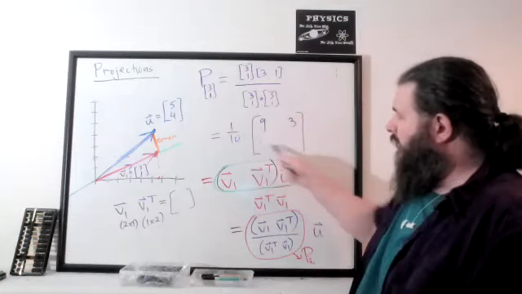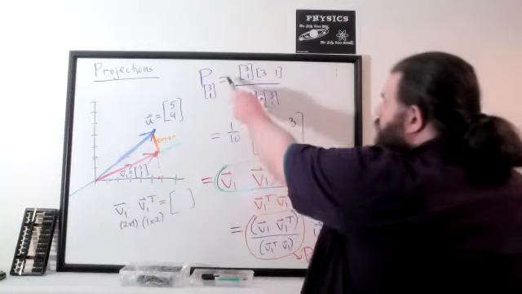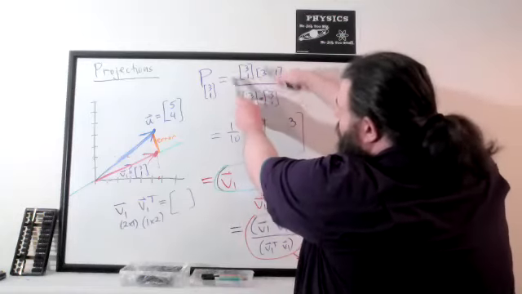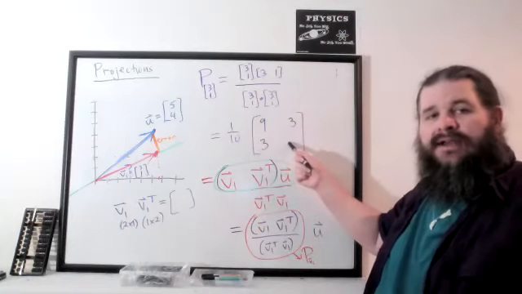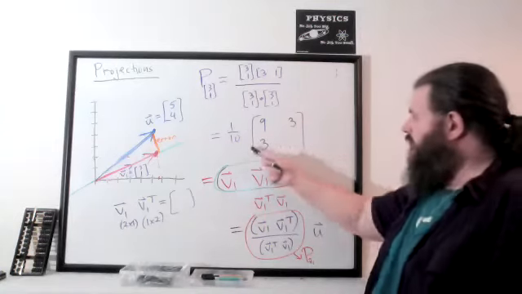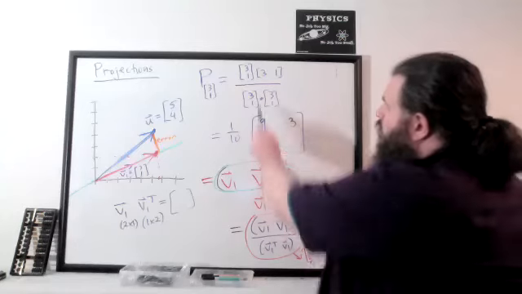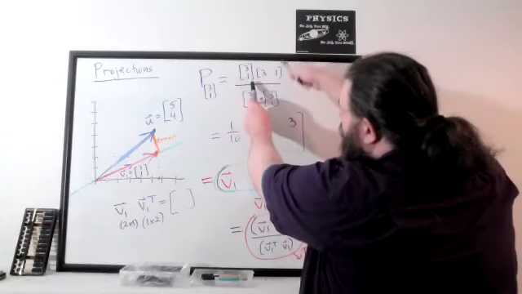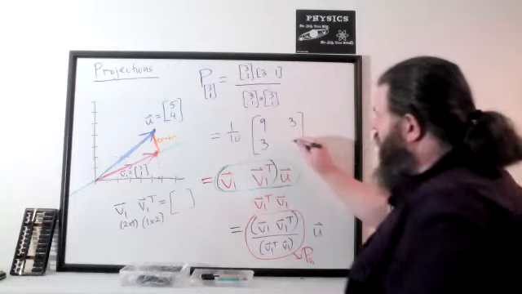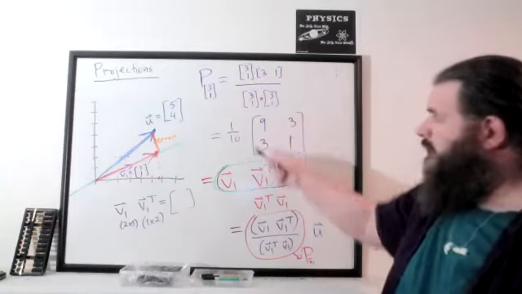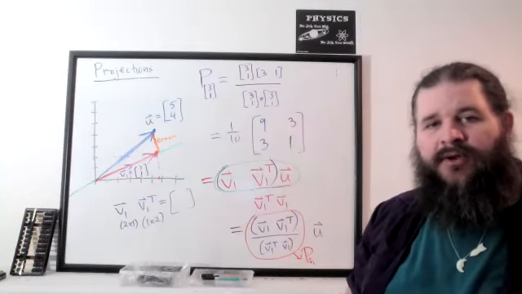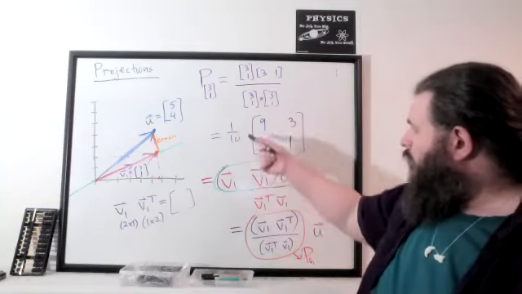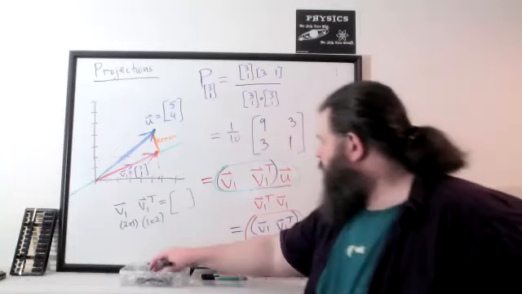Down here, second row, first column, 1 times 3. And lower right, second row, second column, 1 times 1 is 1. So this matrix is the outer product of V1 and itself, V1 times V1 transpose. And then, of course, we've got 1/10 times that.